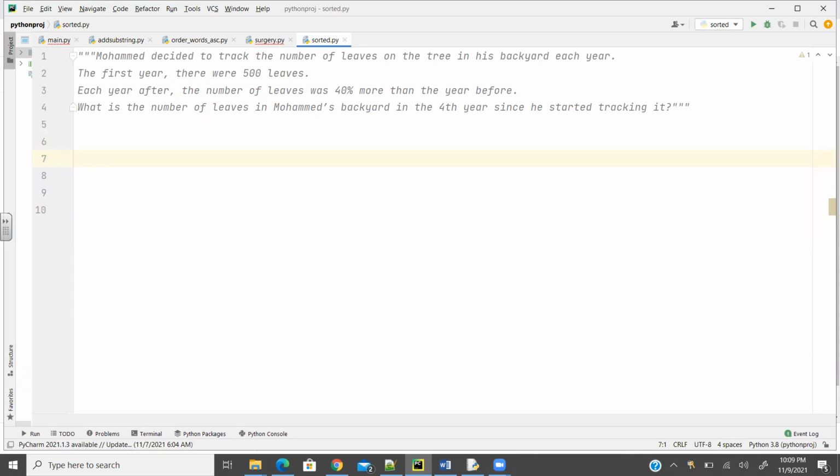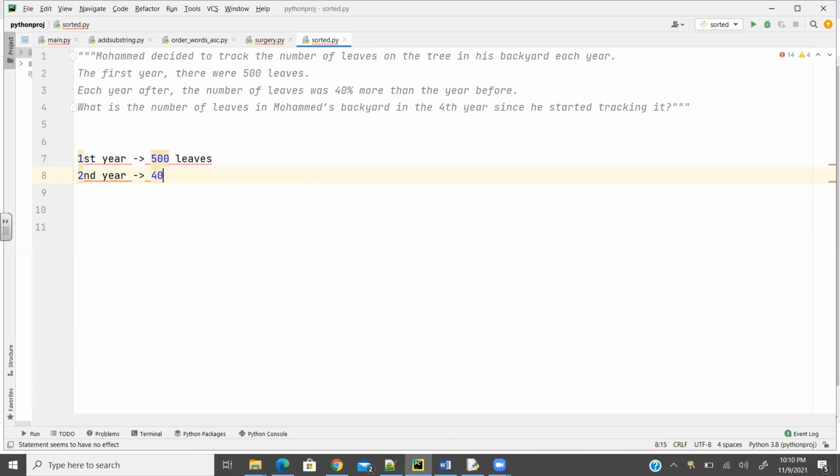Now, if we have the first year, he had 500 leaves in his backyard. Then the following year, that is the second year, there was an increase. And the increase was based on the number of leaves he had the year before.